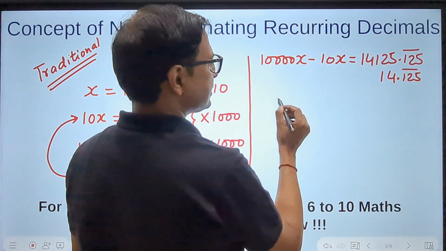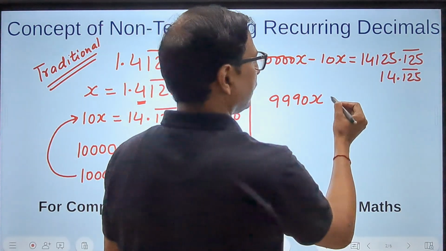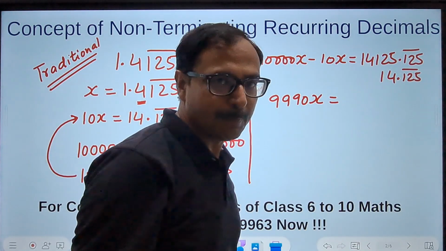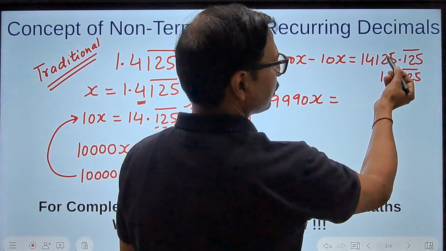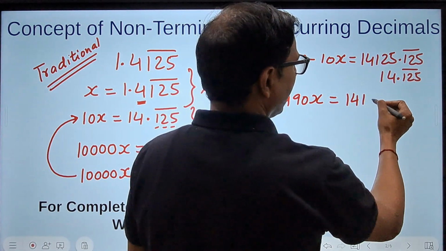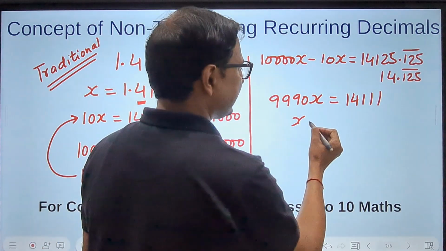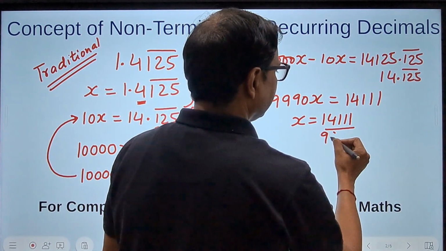When you subtract this, this will become 9990x, and on the right hand side, since the number after the decimal is same, so the decimal is going to vanish. So it's all about subtracting 14125 and 14, which becomes 14111. Right? And now the value of x comes out to be 14111 upon 9990.